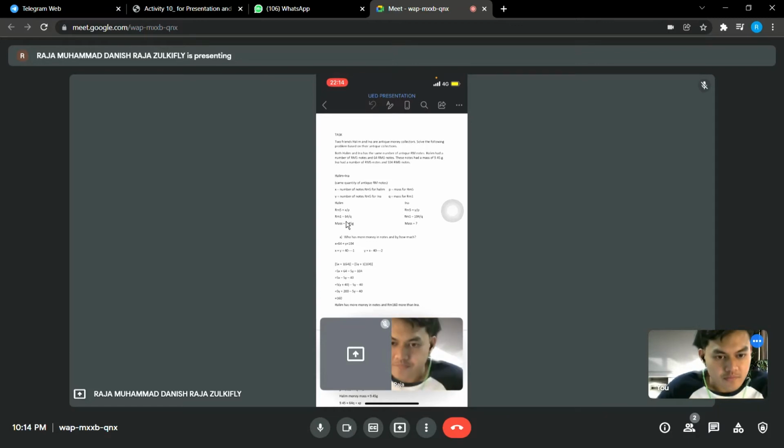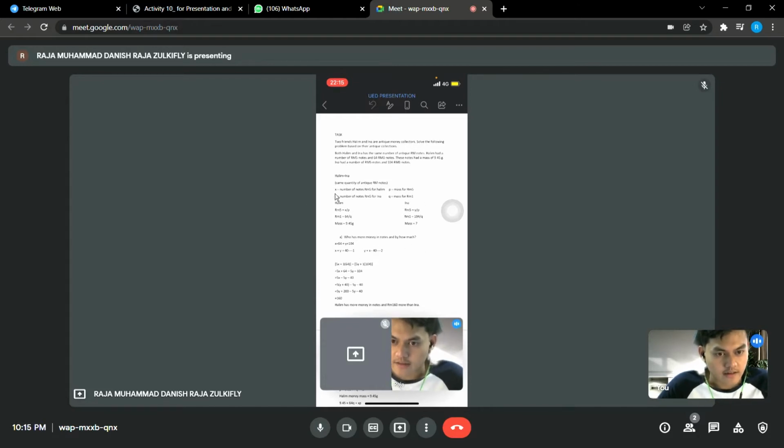So, I do an equation for Halim. RM5 equals X over P, RM1 equals 64 over Q. The mass is 9.45. For Ina, RM5 equals Y over P, RM1 equals 104 over Q. And the mass, we don't know.